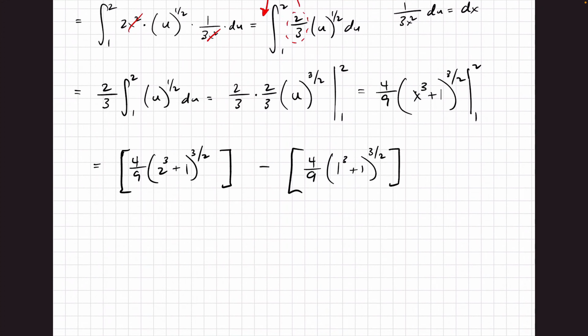Okay, simplify. So I get 4/9 times 2 cubed is 8, plus 1 is 9, to the 3 over 2 power, minus 4/9 times 1 cubed is 1, plus 1 is 2, to the 3/2 power.